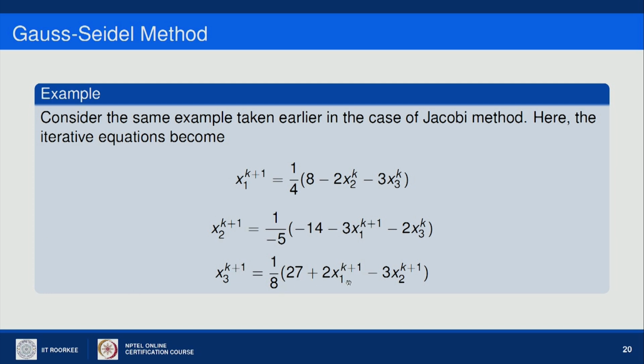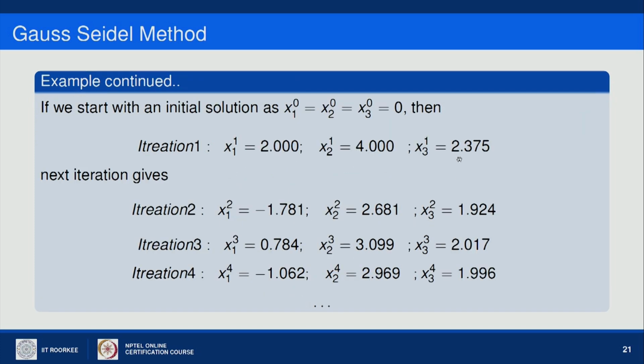Please note that here again I am using the updated value of x1. In Jacobi method I used 0, the value from the previous iteration. So 27 plus 4 minus 12, that is 27 minus 8, so 19 by 8, which is 2.375.